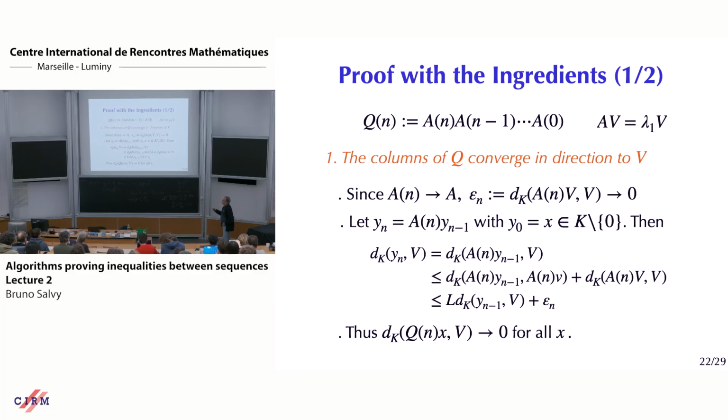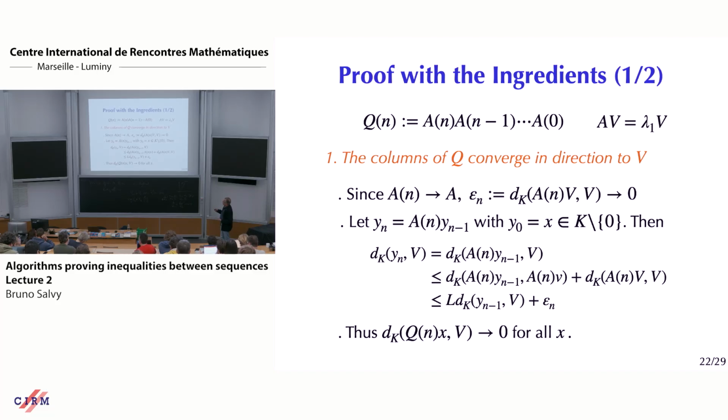First, since A_N tends to A, the distance of A_N V to V tends to 0. Because A_N tends to A, AV is a constant times V, and the distance of a constant times V to V is 0. So this sequence tends to 0.